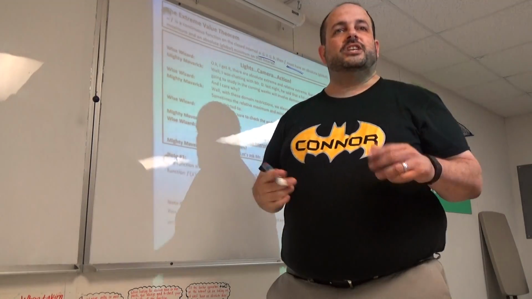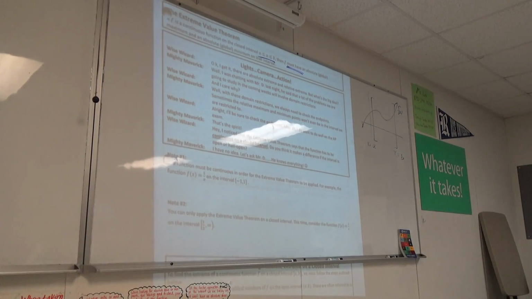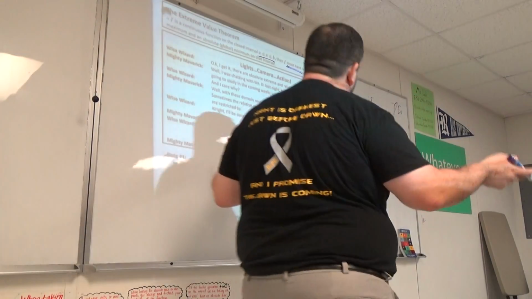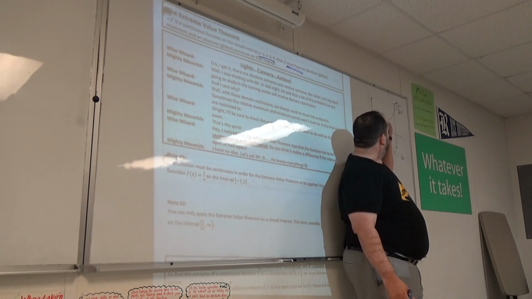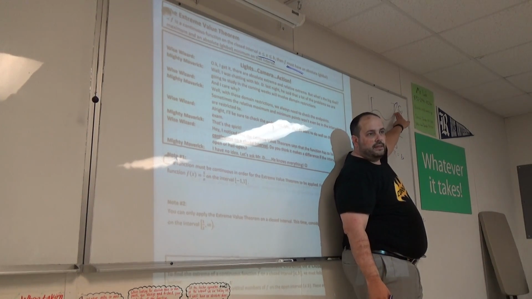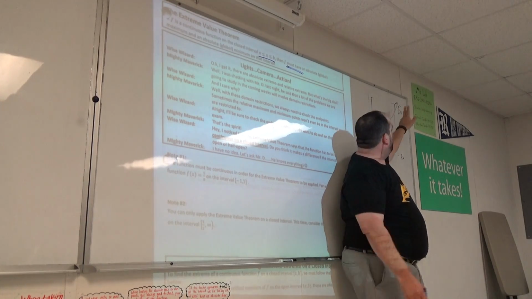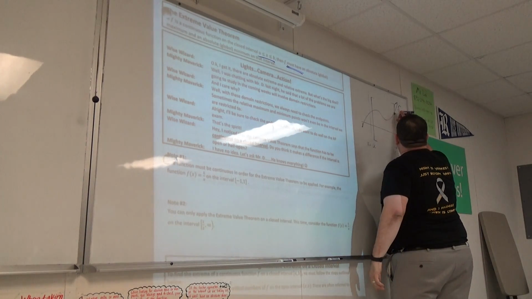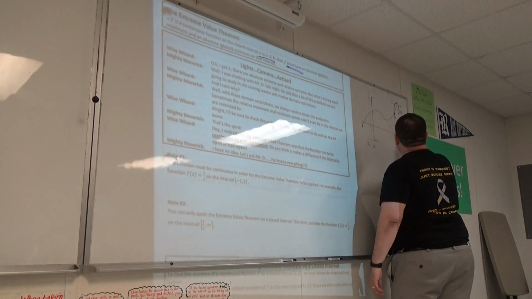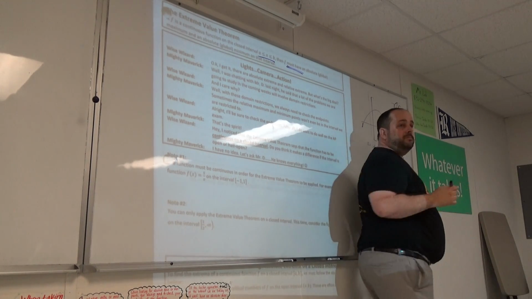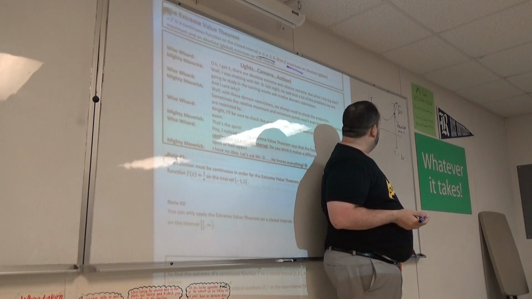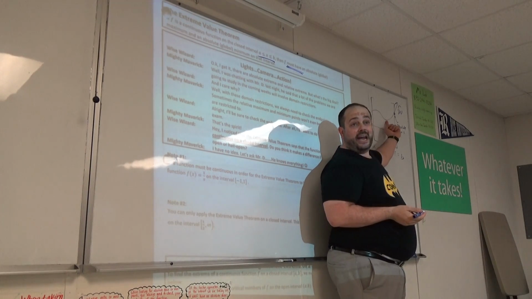For that function in that interval, is there an absolute maximum? Where? Over here, right? For this particular example, the maximum happened over here. This is going to be the absolute max. Do I have an absolute minimum? Kind of like this guy over here, probably.